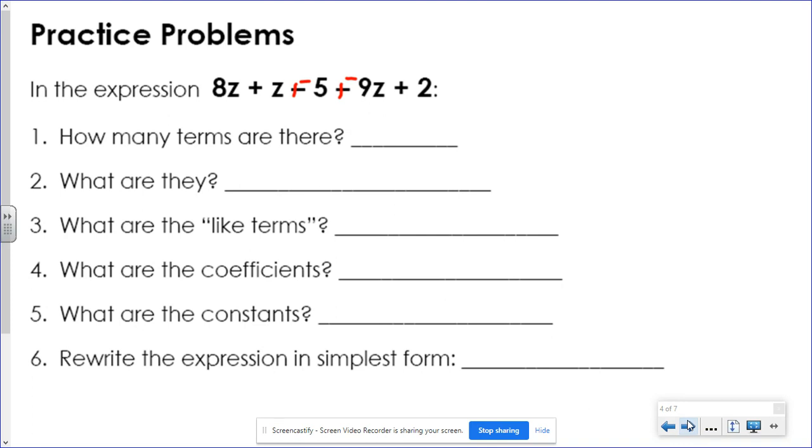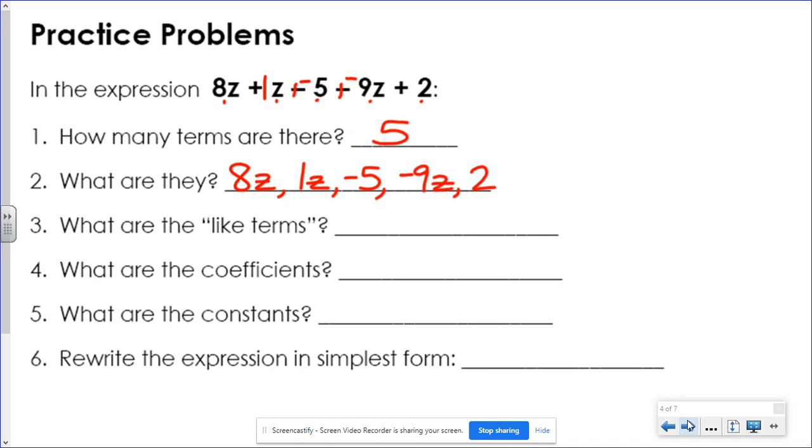So how many terms are there? How many things are getting added together? There's 1, 2, 3, 4, 5 terms. What are the terms? Now all I have to do is just take my pluses out and make them into commas. So 8z, I cross my z so they don't look like my 2's. And then this z, I'm going to put a 1 in front of it. 1z, negative 5, negative 9z, and 2.